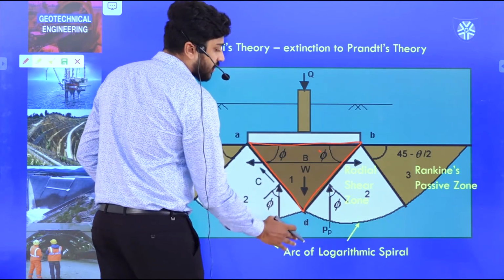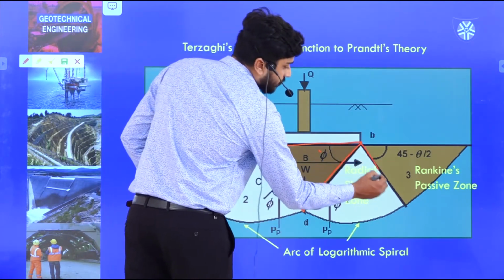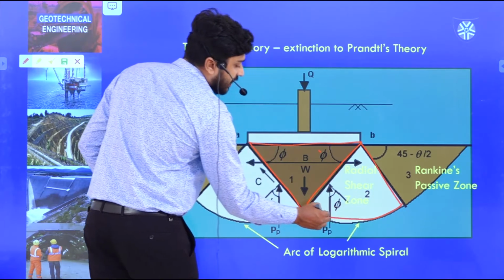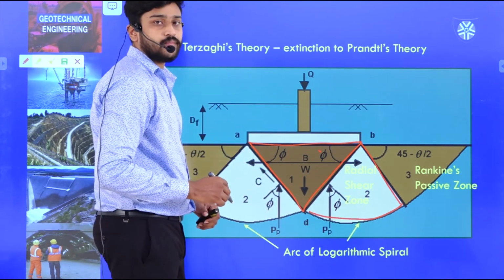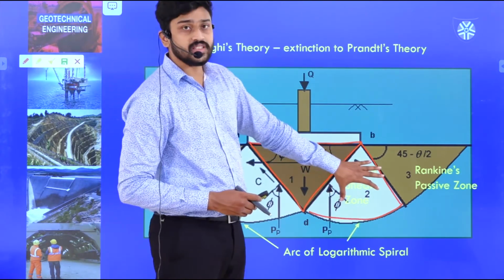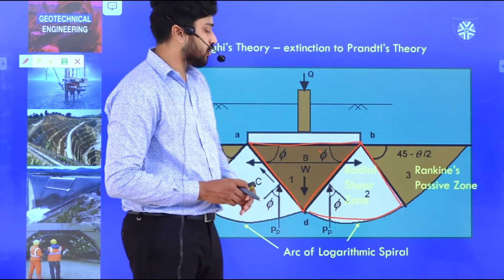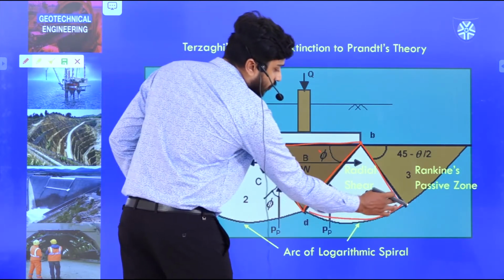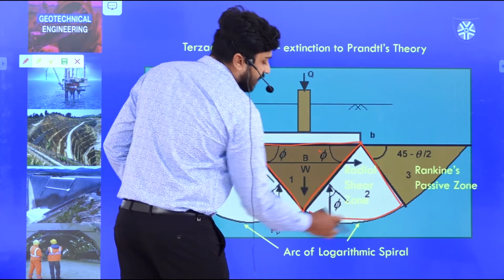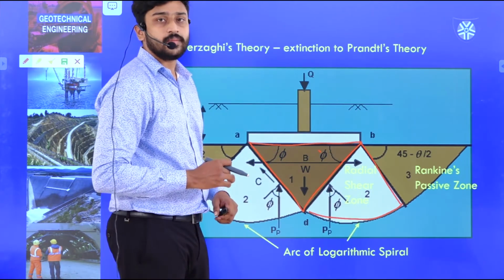Since it is symmetric, this additional zone 2 is considered as a radial shear zone, and the curve at the bottom region is called the arc of a logarithmic spiral.